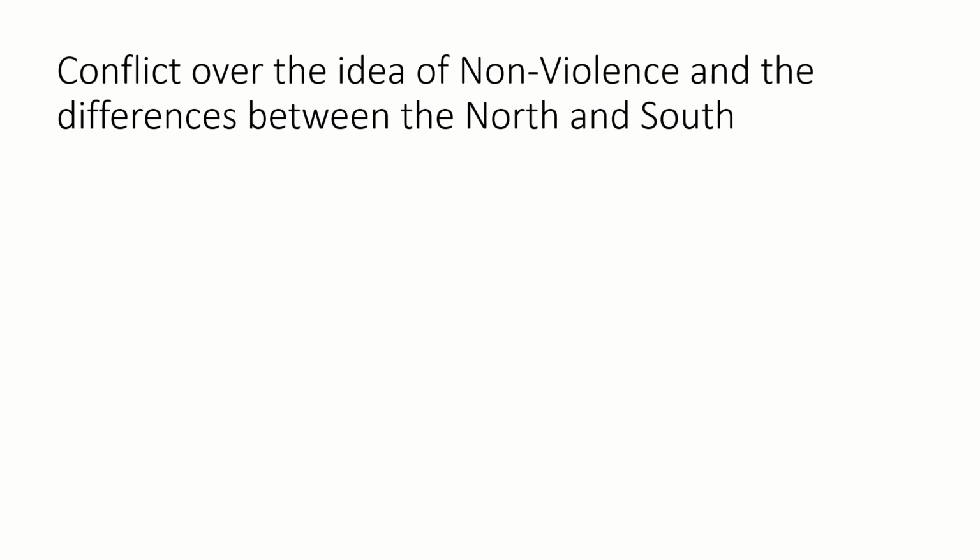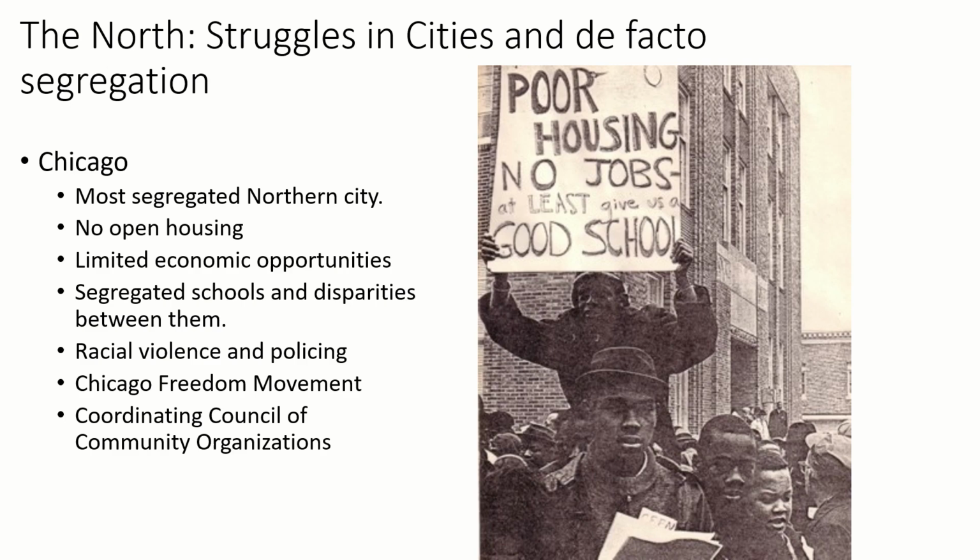Those who believe in nonviolence and those who believe that force is required, as well as those who are trying to fight for civil rights in the South versus those who are trying to fight in the North. And so while the South is focused on ending Jim Crow segregation laws, in the North the reality is a lot more complicated. Chicago itself was the most segregated northern city.